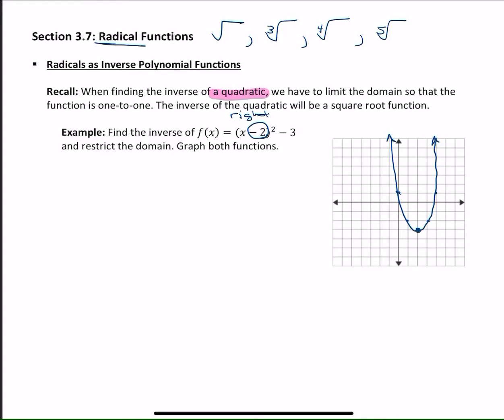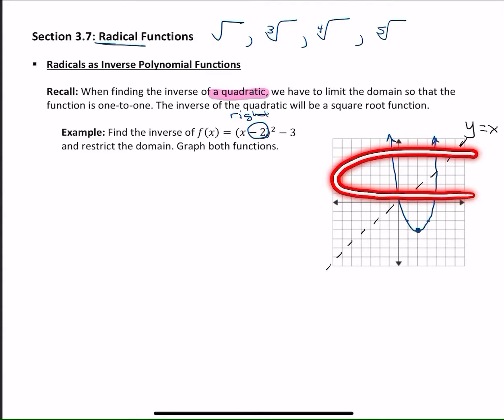When you take the inverse, graphically what that means is you're reflecting across the line y equals x. Algebraically, what you're doing is switching your domain and range. But if you look at the graph, if we flip that over, the graph is going to be somewhere around here. Well, that is not a function.